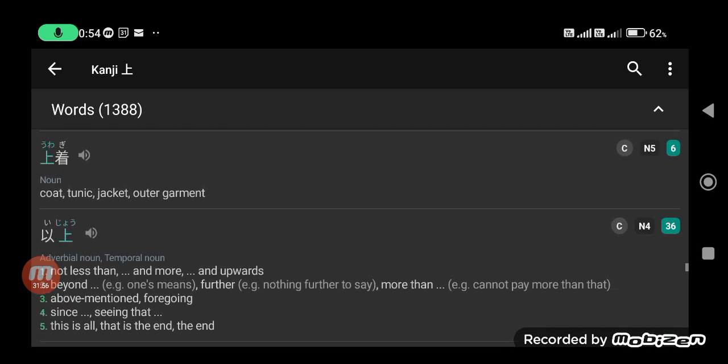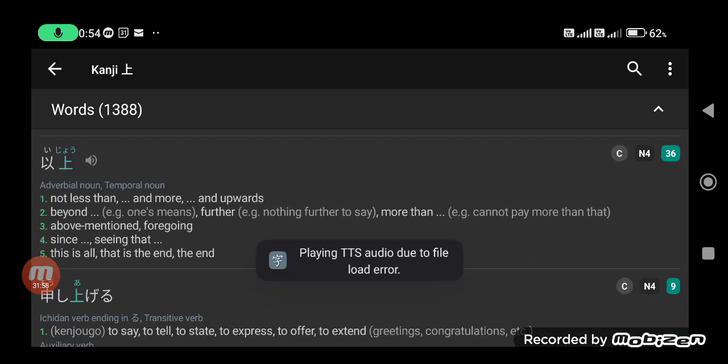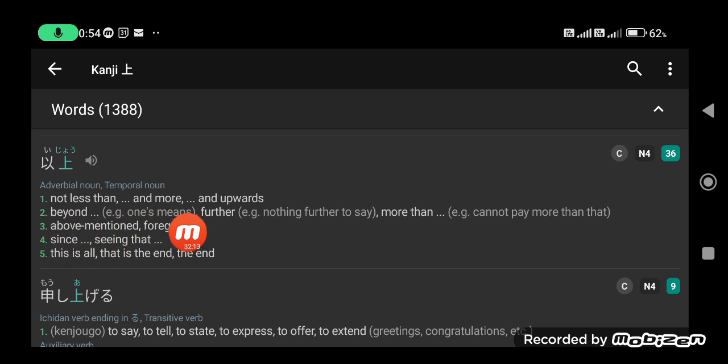Ijo. Oh, this is a very important expression. 以上. It's an adverbial type of noun or temporal noun that has meanings not less than, and upwards and beyond, further, nothing further, or you can hear this in teachers and professors, meaning nothing more to say, or more than, or above mentioned, the foregoing, since, seeing that, or this is all, or that is the end.